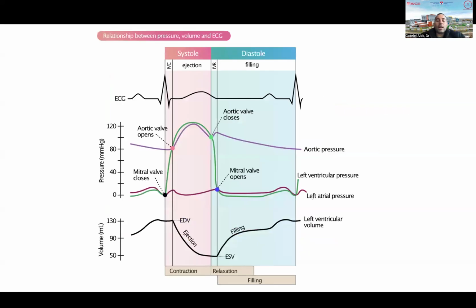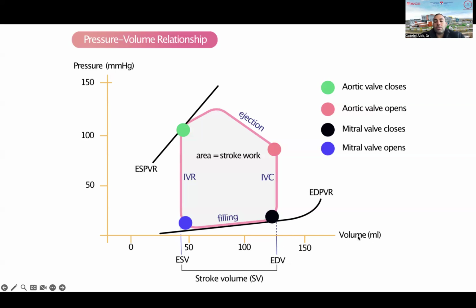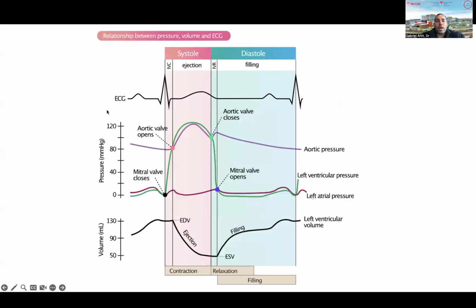You can also outline the relationship during the various phase as per timing. So this time you have time on the x-axis. So here you had volume on the x-axis and pressure on the y-axis. Here what you have is you have time, and you can have both the pressure or the volume represented. And basically what we just reviewed is actually here.